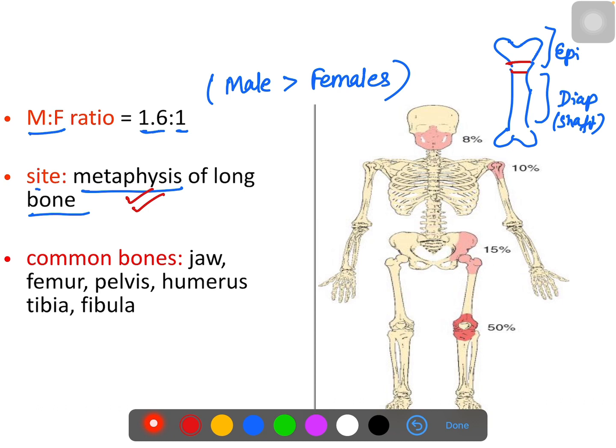And you can see that the most common site is the knee. So the knee is the most common joint which is affected. As you can see in this drawing, 50% of the cases of osteosarcoma occur in the knee.